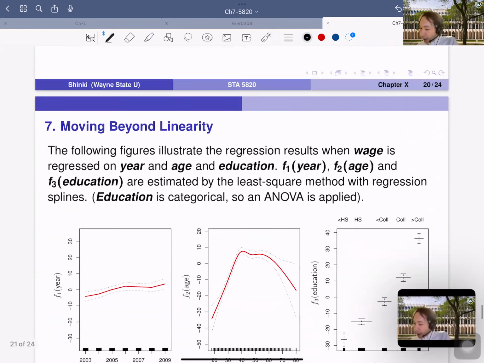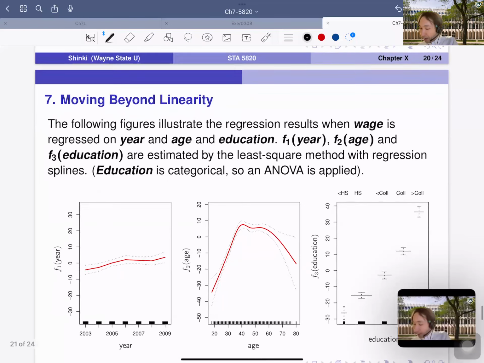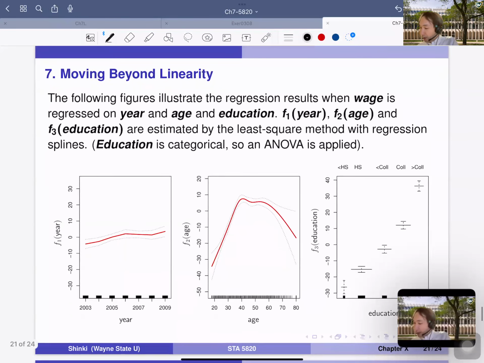Yeah, so this is the conceptual graph, and this is one example. The response variable is wage, and the predictor variable is year. Year is the time point at which wage is observed.